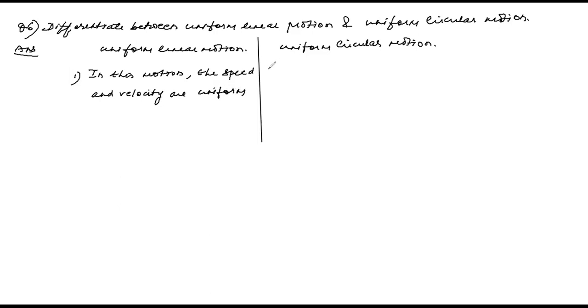Whereas in uniform circular motion, the speed is uniform, but the velocity is variable.